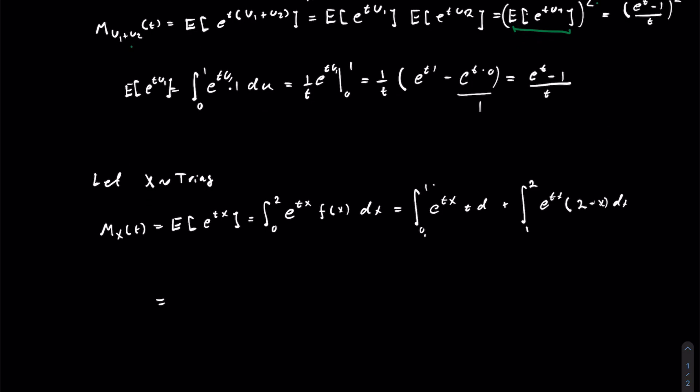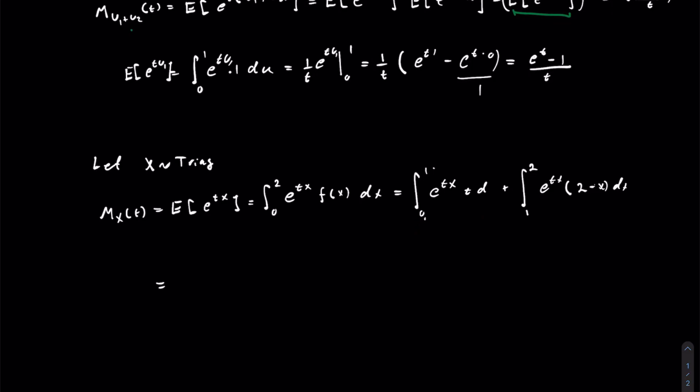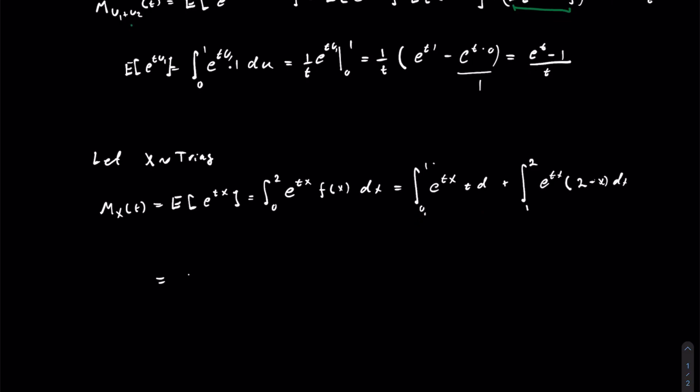So keep on evaluating this. This part here is the simplest one, so let's just evaluate it. That is e to the t x divided by t, evaluated from 0 to 1.